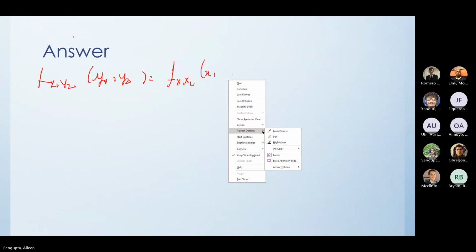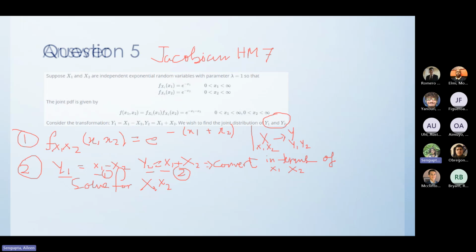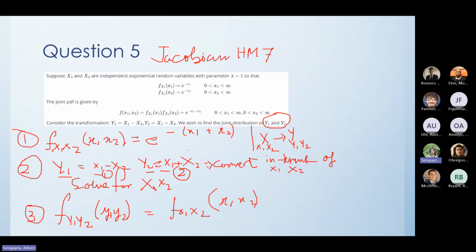And x1, x2. Since you already found the expressions of x1 and x2 in terms of y, if I really quickly solve this one, let me see if it comes out. I might be horribly wrong, but I'm trying to make some sense of this entire thing.